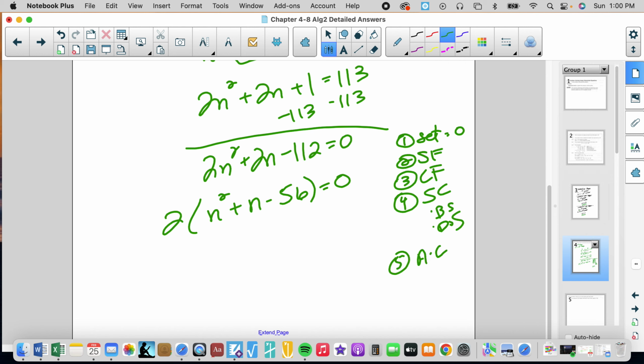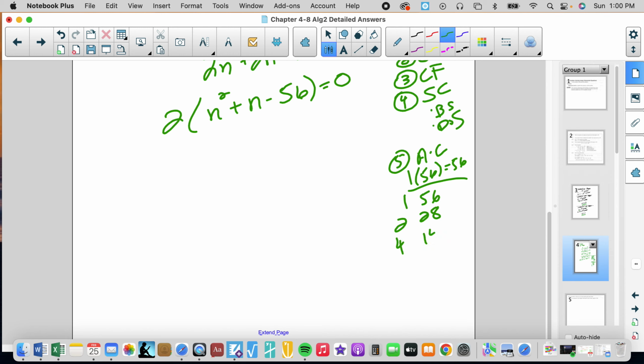Factors of 56 are going to be 1 and 56, 2 and 28, 3, no, 4, yes, 4 and 14, 5, no, 6, no, 8, oh, well, let's do 7 and 8.